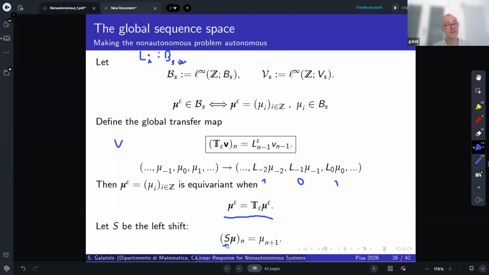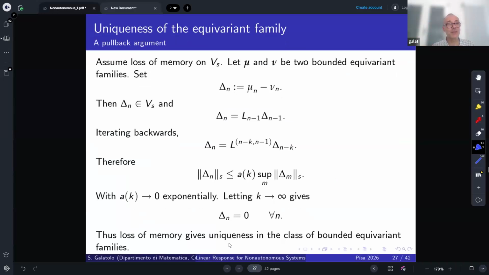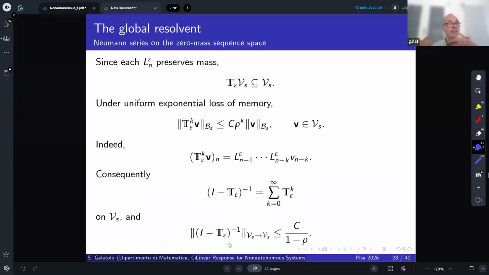There is also big S, the left shift, because we are in a sequence space, so there is an important operator, which is the shift. We only did this for the notation. If you have loss of memory, there can be only one equivariant family in the strong space. And essentially everything will converge to this equivariant family if you wait long enough in time.